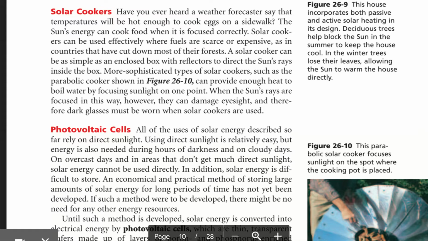More sophisticated types of solar cookers, such as the parabolic cooker shown in Figure 26.10, can provide enough heat to boil water by focusing sunlight on one point. When the sun's rays are focused in this way, however, they can damage eyesight, and therefore dark glasses must be worn when solar cookers are used.